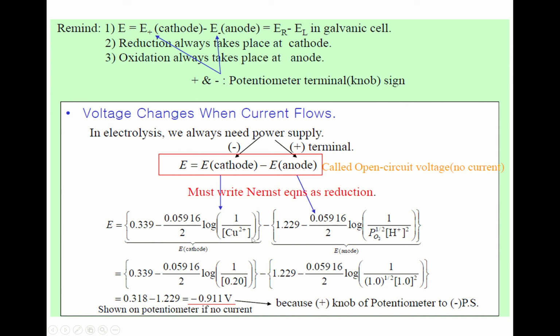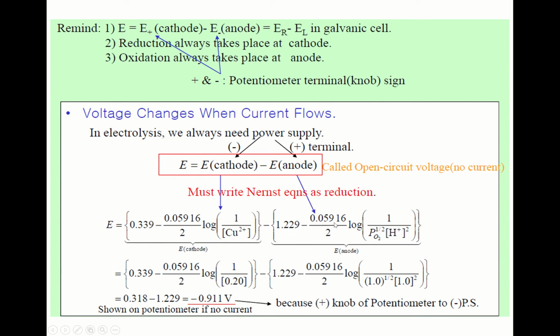Okay, and then water oxidation is what? If you look up the index, let me see, not index, in the back of your textbook, you find the tables, and then you will see the oxygen reduction to water molecule, and you find that the E0 value is 1.229 volt.